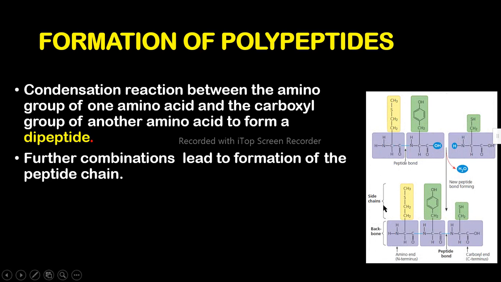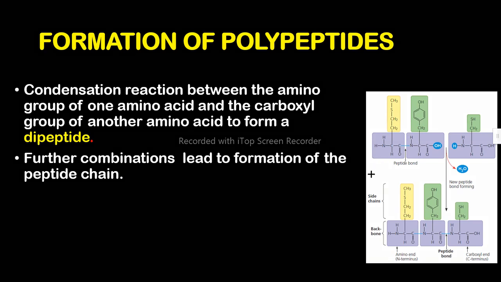This is your amino acid A, and this is its structure. You see we have an amino group and then the carboxyl group. So the amino group has condensed with a carboxyl group, you can see, to form a peptide bond.